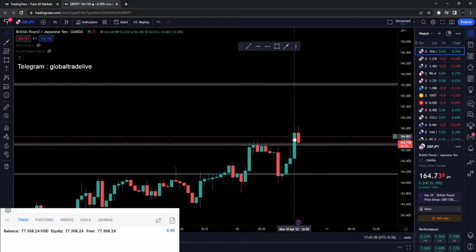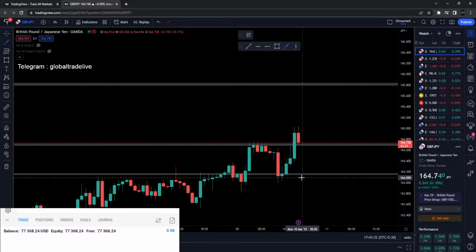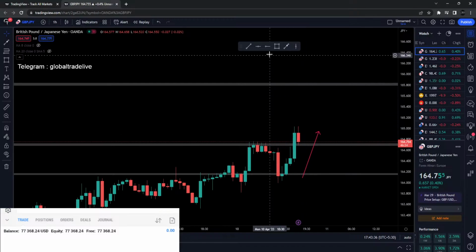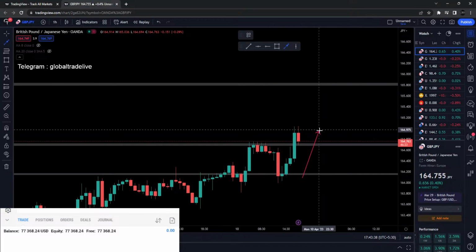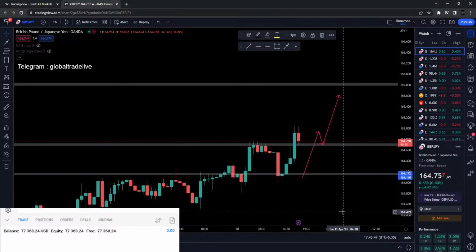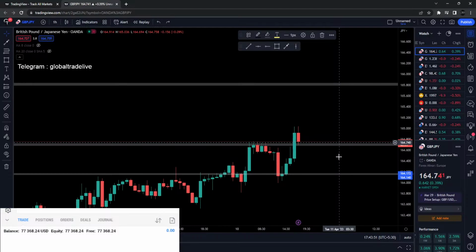From here to here, let me just draw for you, the buy movement has already been done. So right now the market might be forming a support down over here before continuing to move up. I think that's the case happening over here.